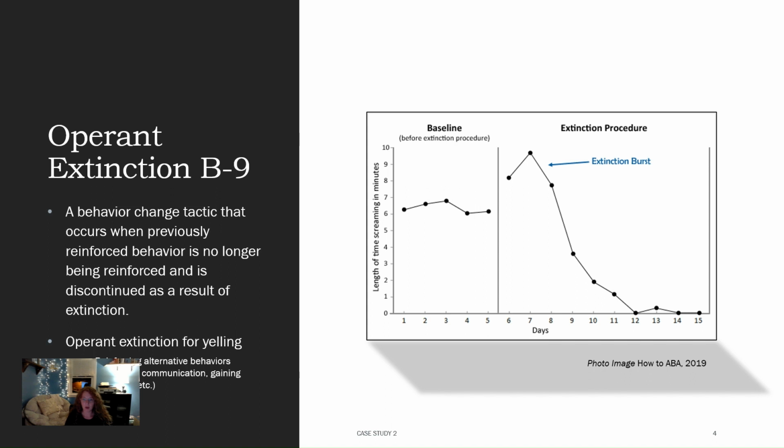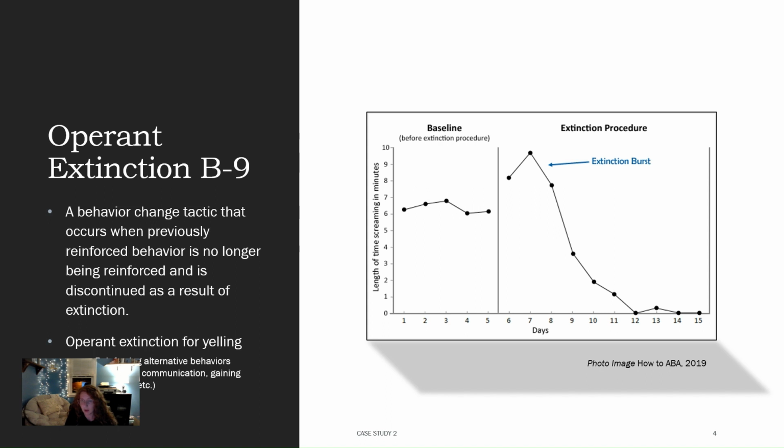This image I retrieved from How to ABA, published in 2019 on extinction procedures. It shows the baseline data is a little lower than the start of the extinction procedure, but then it descends downward to 0.